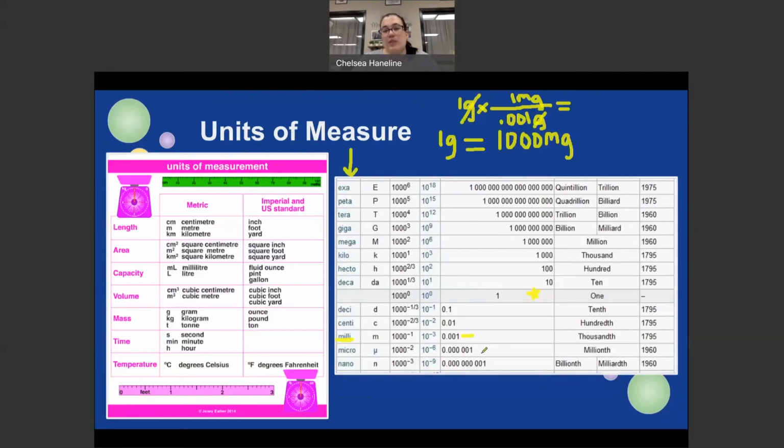So you always start with the unit you have, and then you try to cancel it out, and you just use the numbers on this chart.